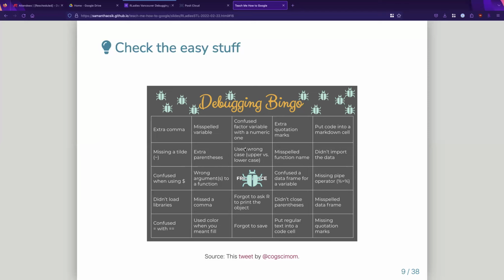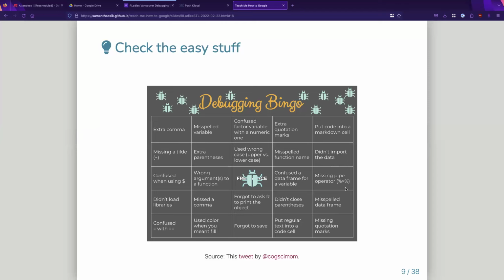So yeah, there are things like missing tilde, extra comma, which I often have issues with, and misspelled variables. Oftentimes that can be remedied by making sure you tab complete or use a lot of the convenience that's built into RStudio. Any other common ones?